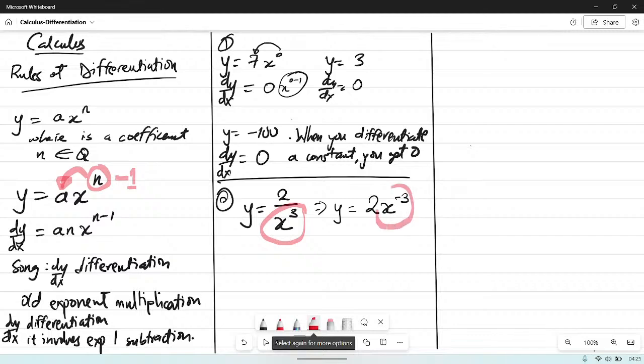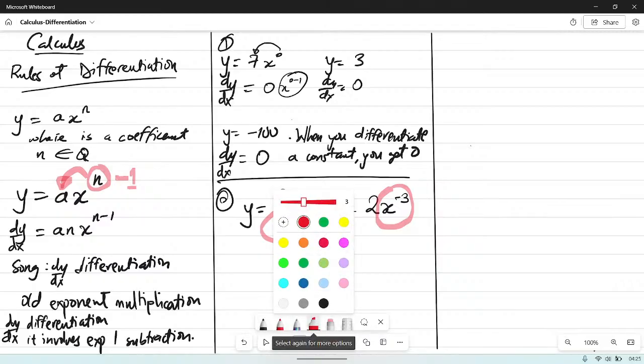Are we okay? Very good. Now when you write it in this form, you can differentiate easily. dy/dx becomes old exponent multiplication. Do you remember? So this old exponent comes to multiply the what? The 2.